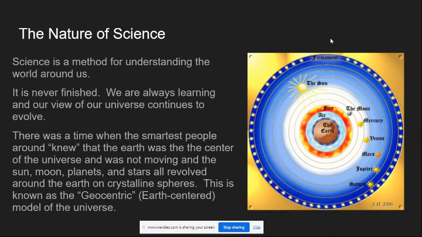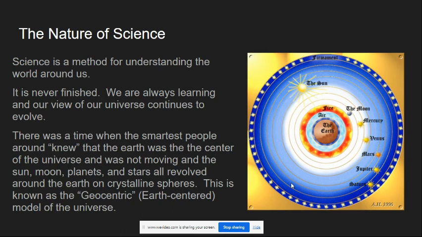It did then move into the nature of science, what science is, and the idea that we're trying to understand the world around us. And it did mention that there was a time that the smartest people around knew, in quotation marks, that the Earth was the center of the universe. The Aristotelian view: Aristotle saw the Earth as the center, and then the different objects were in these celestial spheres around it.